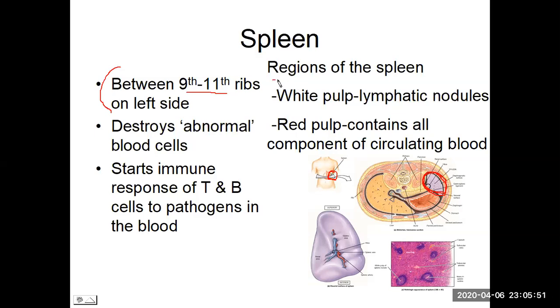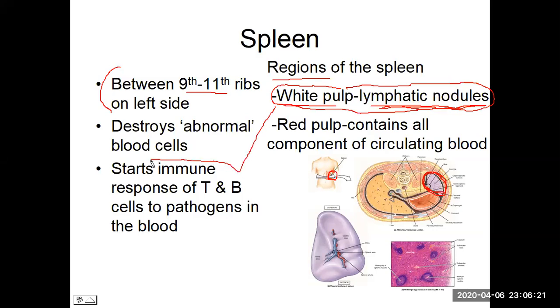We'll start here with the regions, and we'll start with the one called the white pulp. And there's that familiar term, lymphatic nodules. It's the white pulp region of the spleen that contains the lymphatic nodules, meaning it contains a rich concentration of white blood cells. The spleen itself is an organ that gets a very rich blood supply. There's a lot of interaction with the cardiovascular system. In fact, remember those sinusoidal capillaries, the ones with the biggest pores?